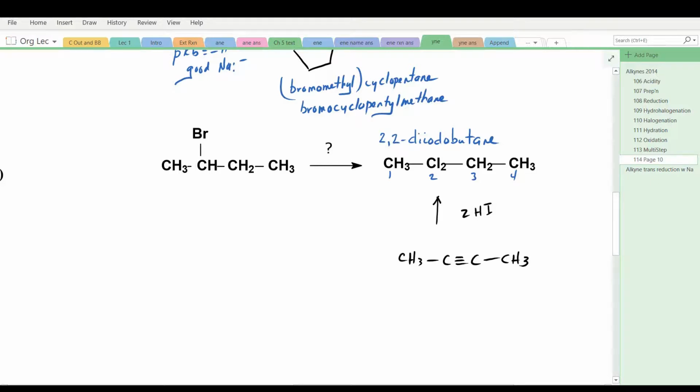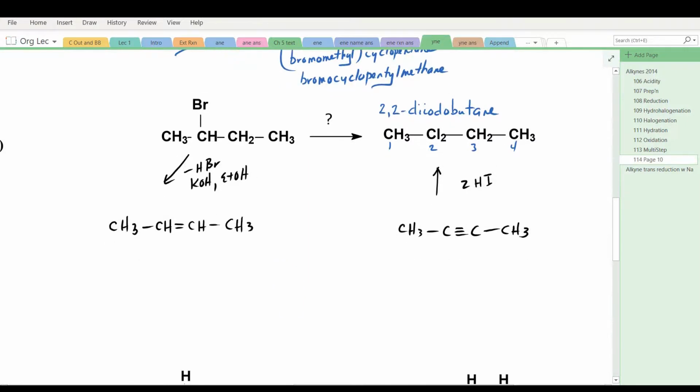So then it's simply a matter of converting the alkyl halide, 2-bromobutane, into 2-butyne. Well, we can carry out dehydrohalogenation, KOH in ethanol to form the alkene. How do we go from the alkene to the alkyne?